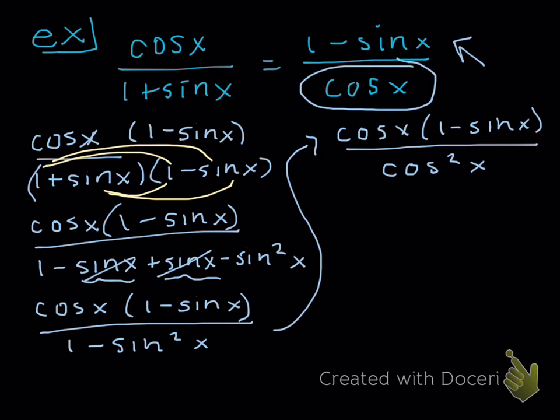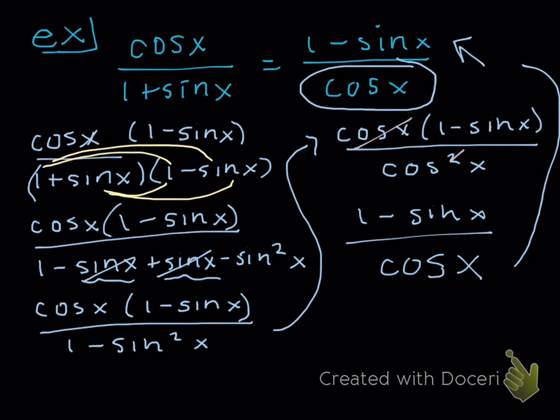So the cosine in the top is going to cancel out one of the cosines in the bottom. So I'm still going to be left with a cosine in the bottom. So now I'm at 1 minus sine of x all over cosine of x. And notice that that is what we were trying to prove. So I have now verified my identity.